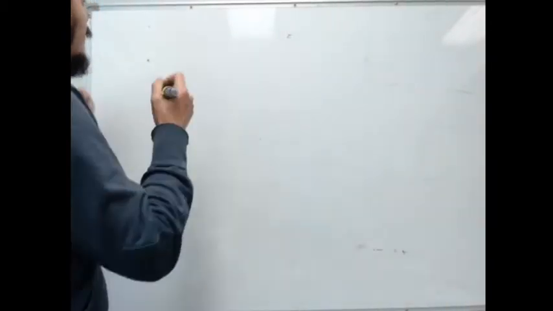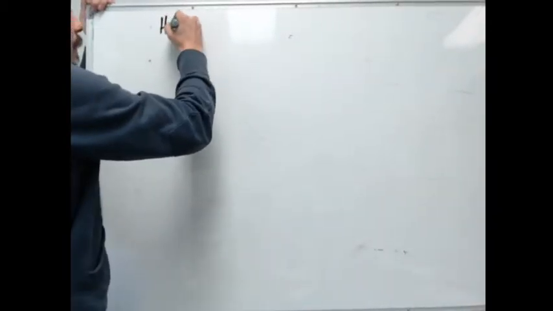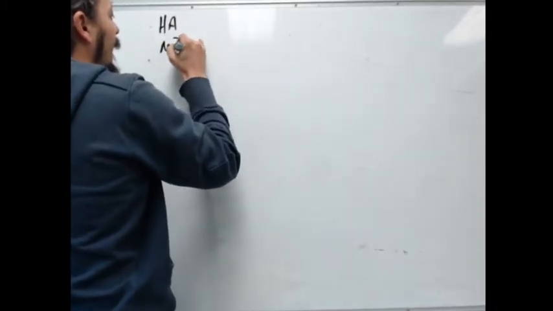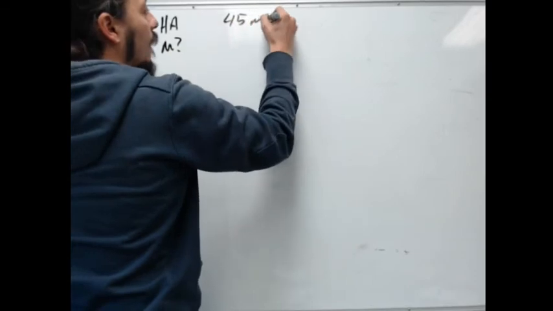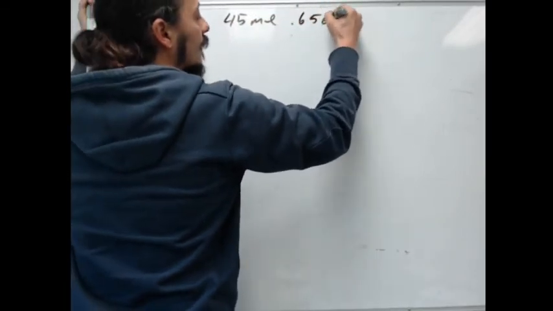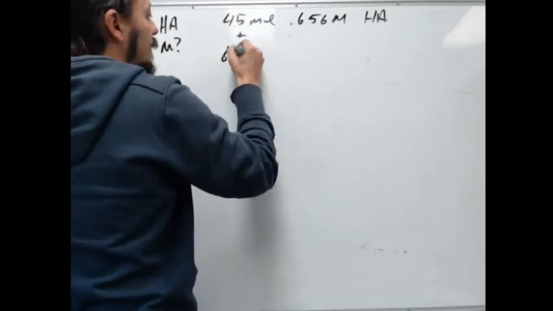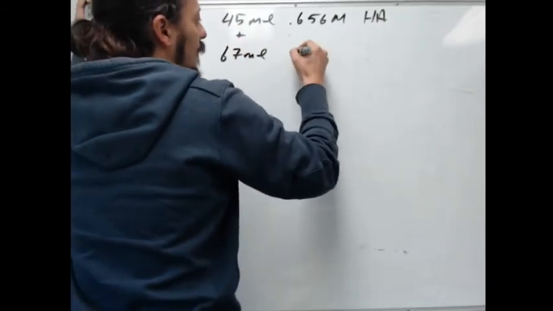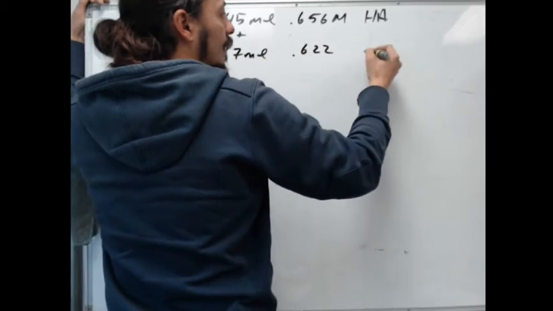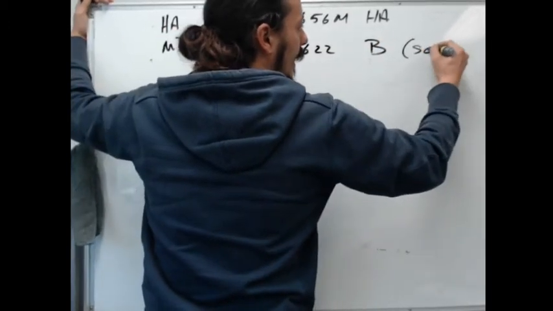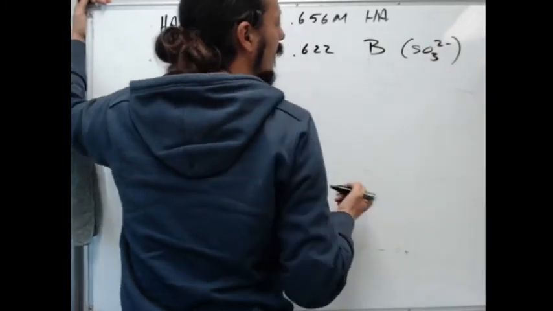Yeah. So it says, how much hydrozoic acid in molarity is left in solution when 45 milliliters of 0.656 molar hydrozoic acid is mixed with 67 milliliters of 0.622 molar sulfite anion. That's pretty much it.